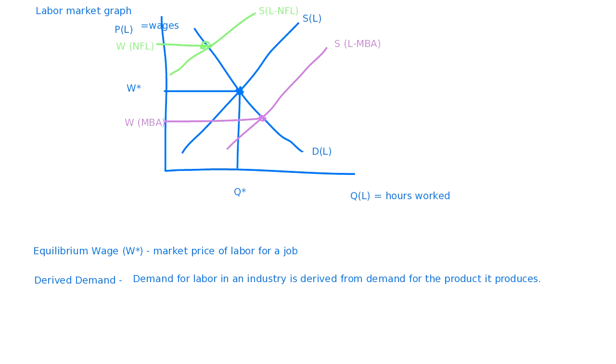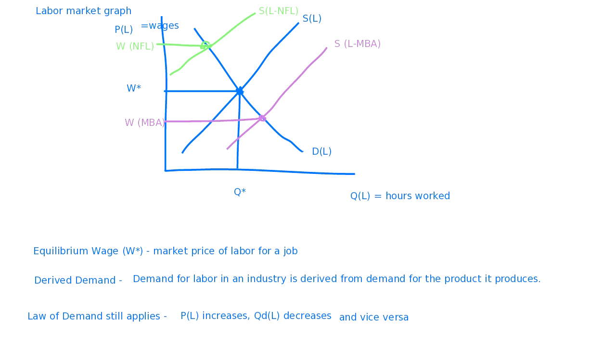All right. Okay, so the law of demand still applies, and what I mean by that is as the price of labor increases, then the quantity demanded of labor decreases, and vice versa.